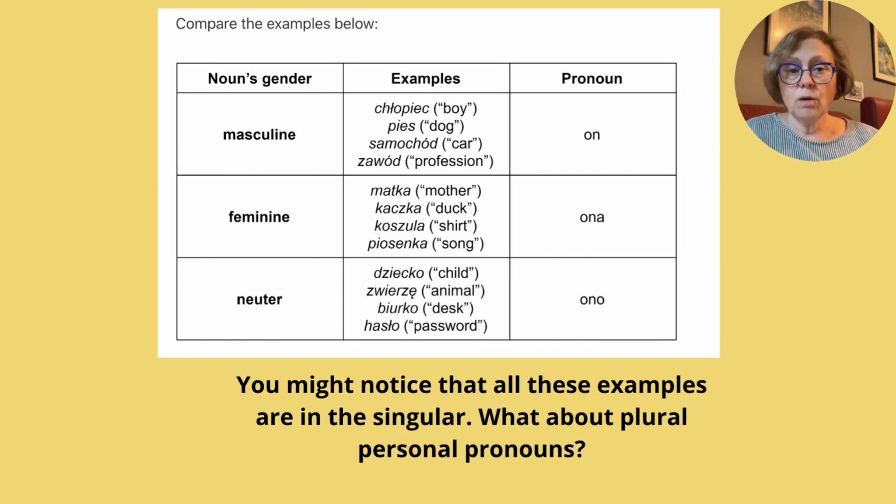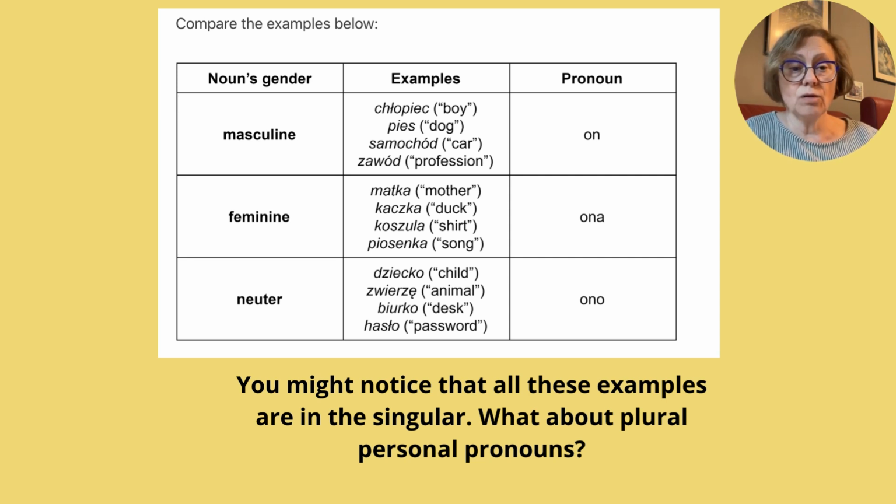Masculine: chłopiec, boy, on. Pies, dog, on. Samochód, car, on. Zawód, profession, on. Now feminine: matka, mother, ona. Kaczka, duck, ona. Koszula, shirt, ona.